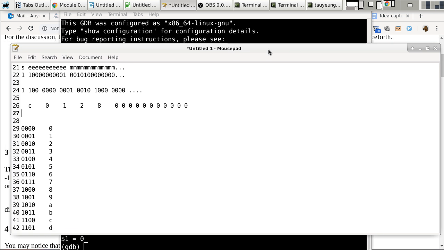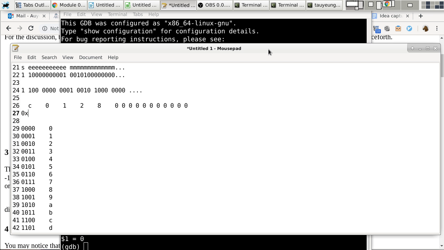Let me concatenate everything first so it's easy to copy and paste. So I'm going to use 0x. What is that? It's the prefix to mean what follows is a hexadecimal number. Because if you do not have a prefix to indicate that, then 100 can be 100, but it can also be 100 in hexadecimal.